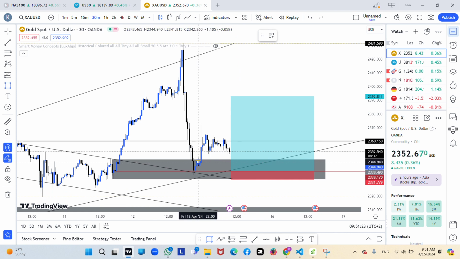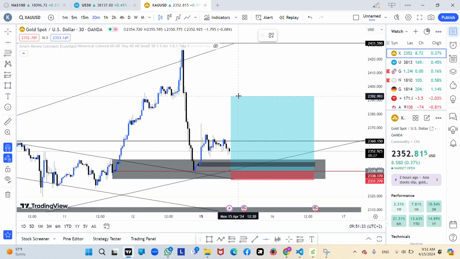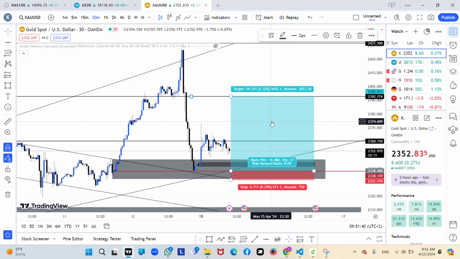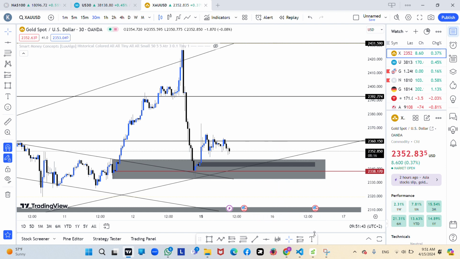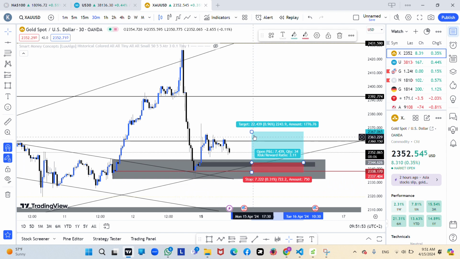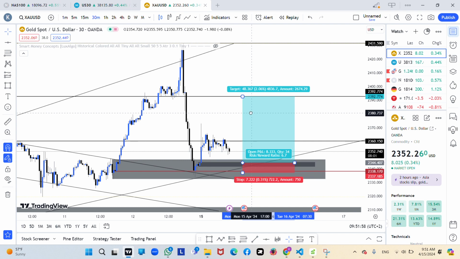Let's delete the first one, mark out the TP level, and delete that one. So that's our second entry, and we put our stop loss just below there, and that's where we're going, guys.